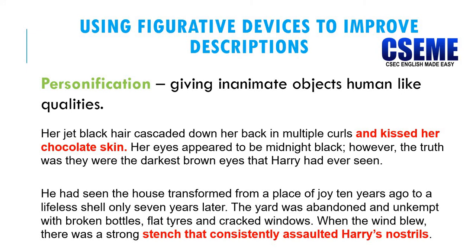That's one way of putting it. So instead of the writer coming out and saying, well, that was very stinky, the writer instead used this personification to highlight how horrible this stench was.